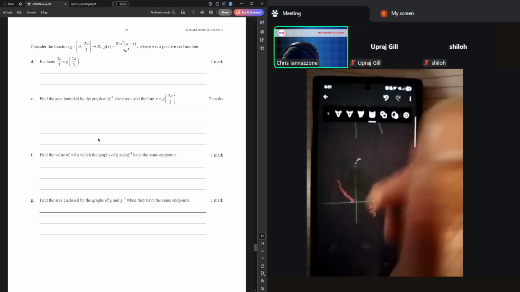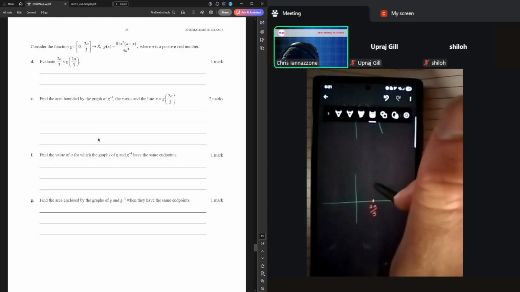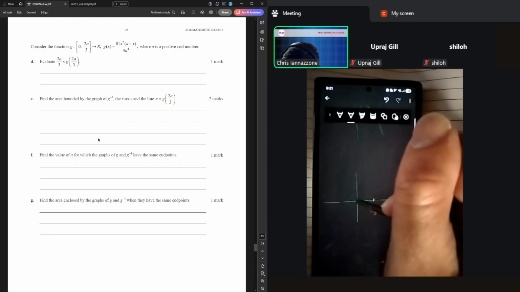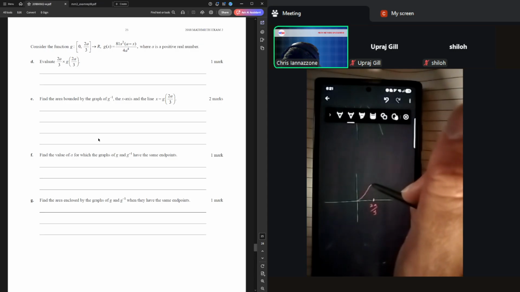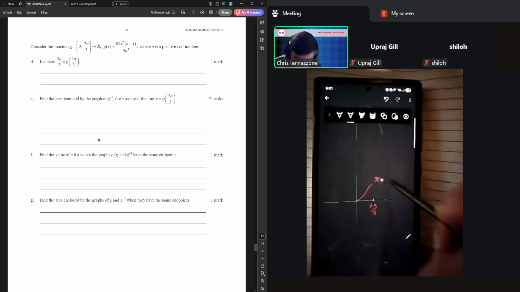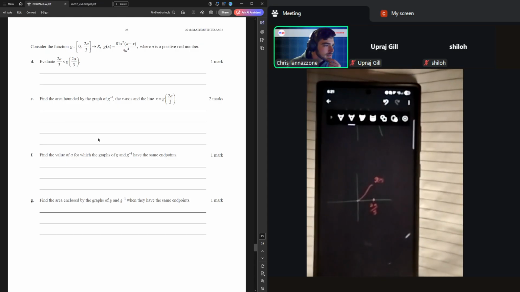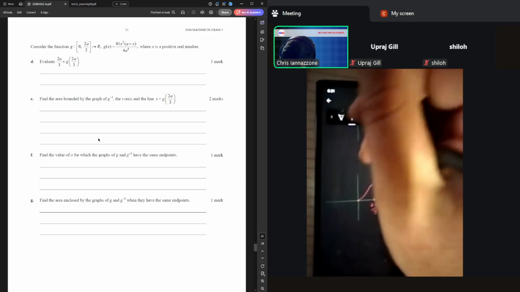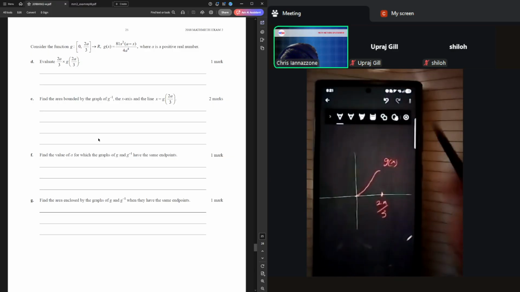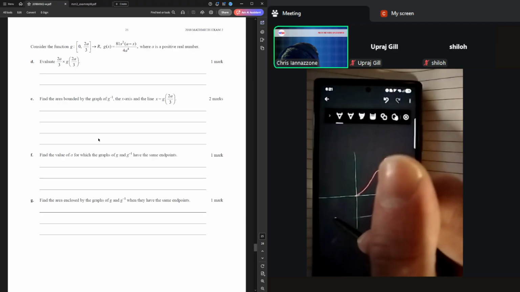So in other words, we're just doing this. That's g. Now, for g inverse, I'm going to draw our line y equals x.